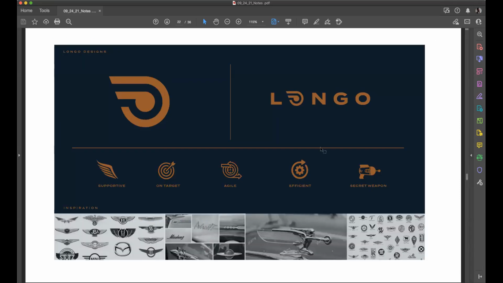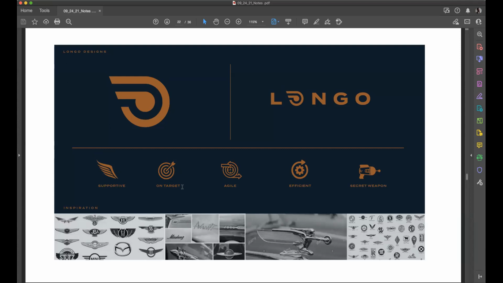So when I was putting my logo together, I want to show you where these words now elevate and come into your logo design. When I looked up supportive icon, I found wings, I found things like this. When I looked at on target, I found obviously something that shows the target.